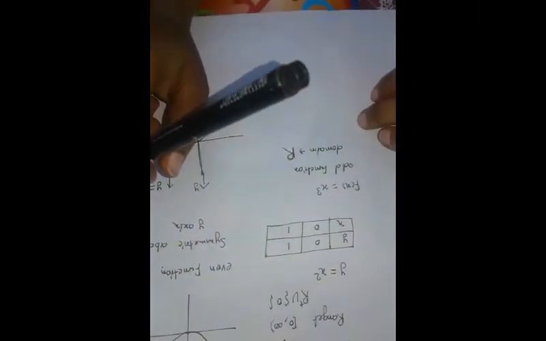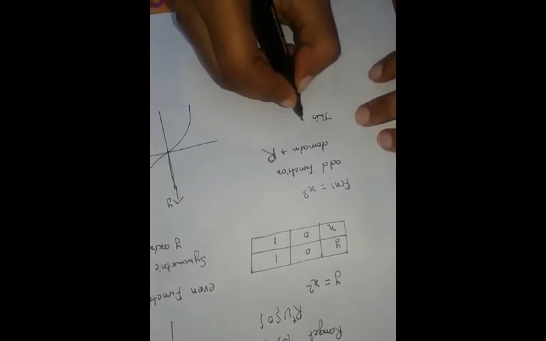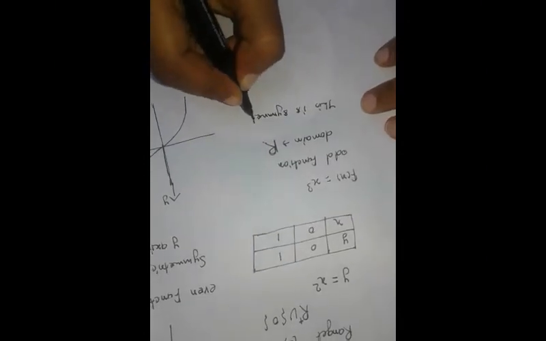The graph of this function is y = x³, and this is symmetrical opposite the axis.